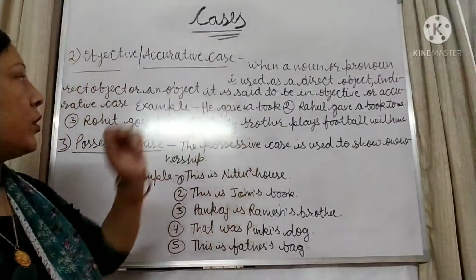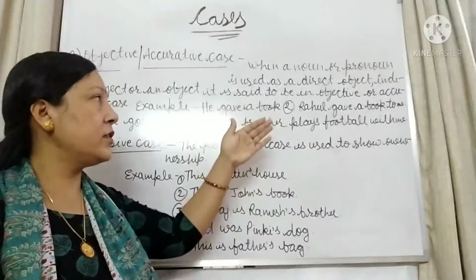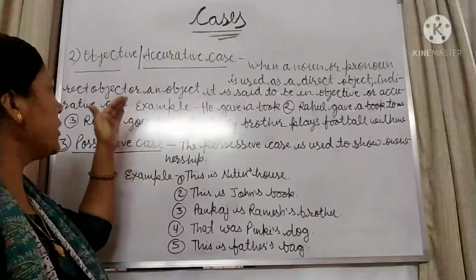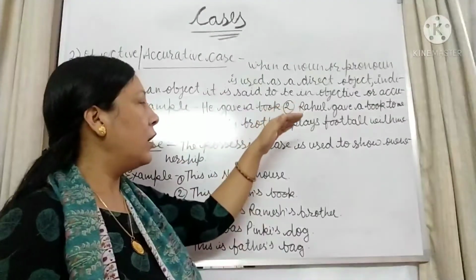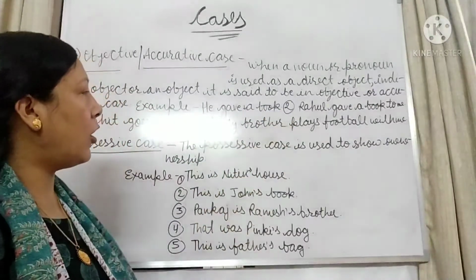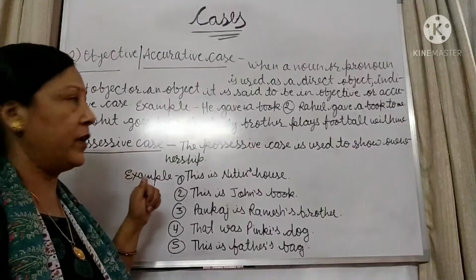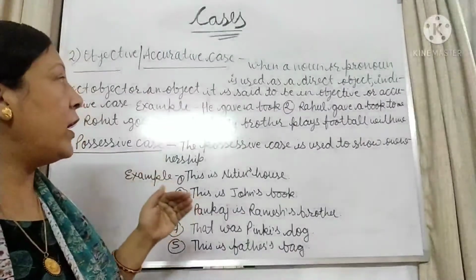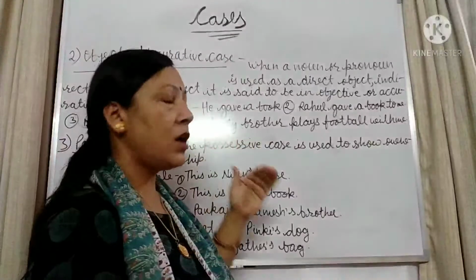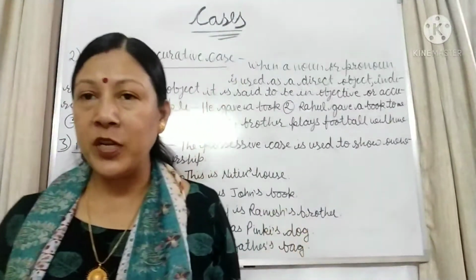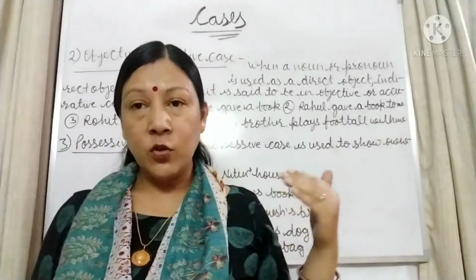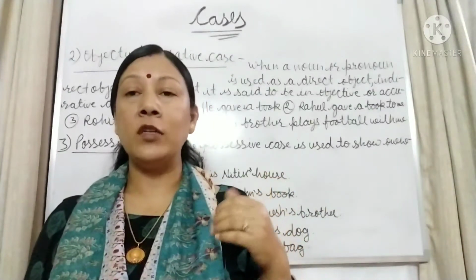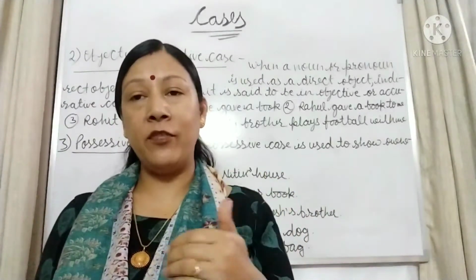When a noun or pronoun is used as direct object, indirect object, or an object, it is said to be in objective or accusative case. Means when the nouns or pronouns are used as direct object, indirect object, or an object, this will be called an objective case.